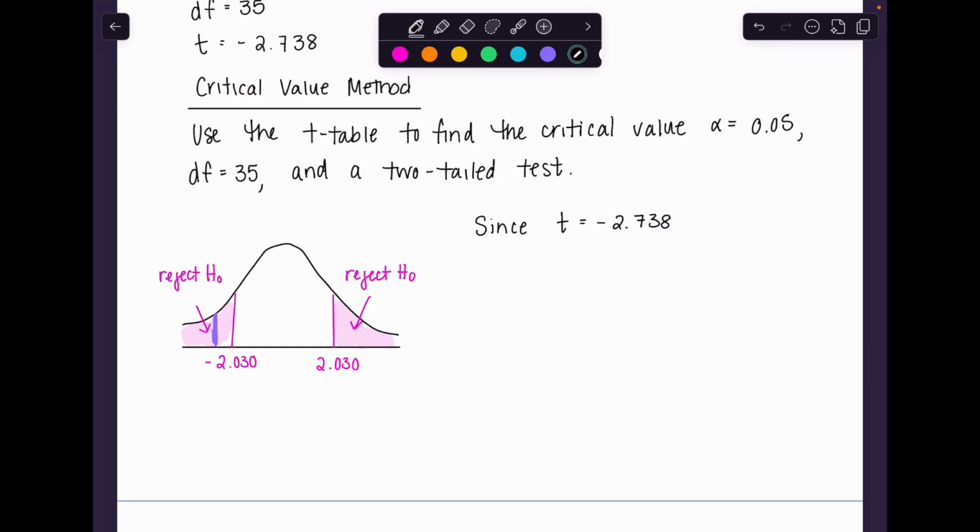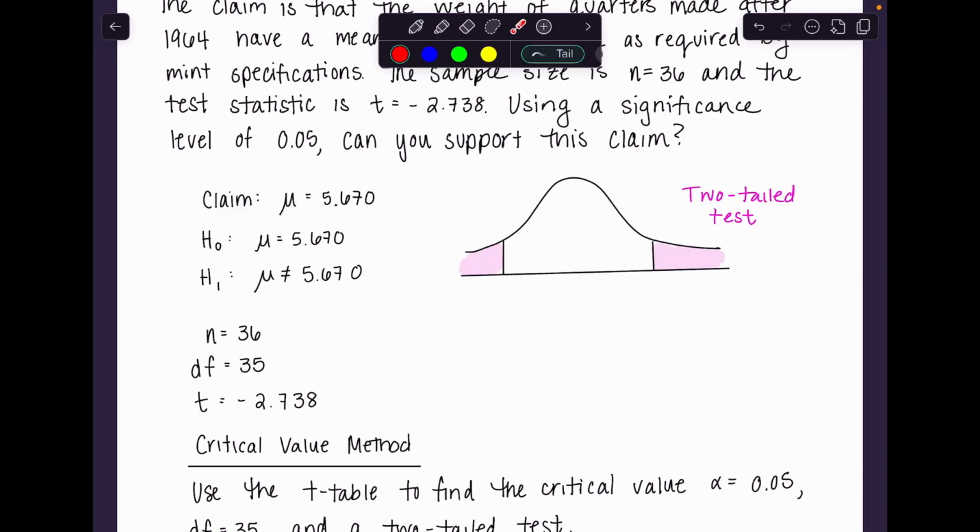So since our test statistic falls in the critical region or rejection region, we reject the null hypothesis. Okay. We are rejecting the null hypothesis, which is our claim.